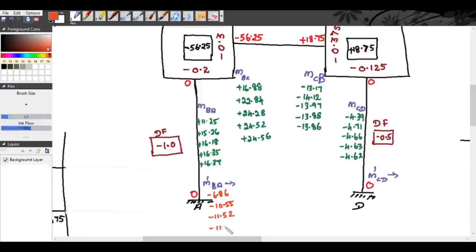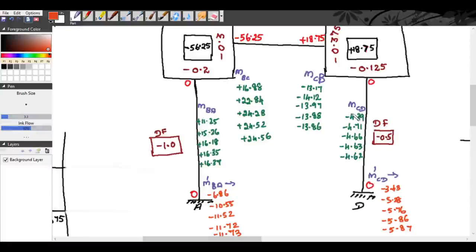Fourth iteration minus 11.72. And fifth iteration minus 11.73. For M dash CD, first iteration minus 3.43, minus 5.28, minus 5.76, minus 5.86, minus 5.87. Okay, now you can finish your iterations.